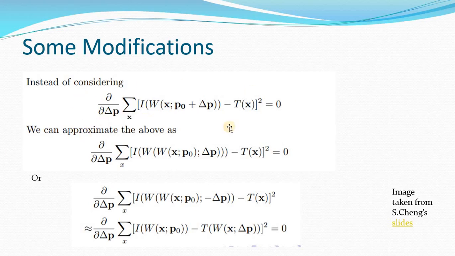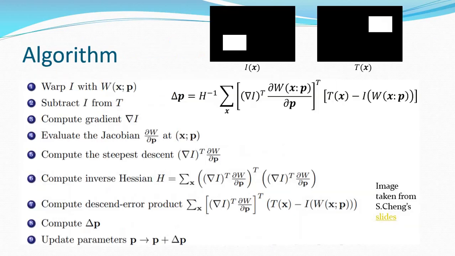We saw that we were considering this as our cost function. We were warping the actual image, that is I, the input image basically, and this is the template image, that is, what you want to compare with.